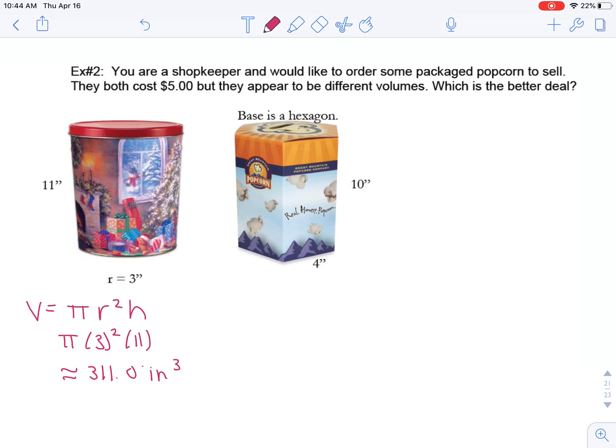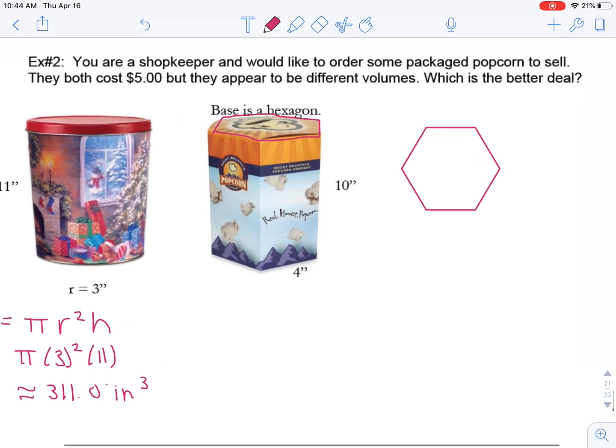Now we look over here at the hexagonal prism that we have. So imagine we have a hexagon as the base. Remember, the nice thing with the hexagon is I can break it up into an equilateral triangle, and I have 6 of those. So we've just got to find one of them, which has a base of 4 for that little triangle.